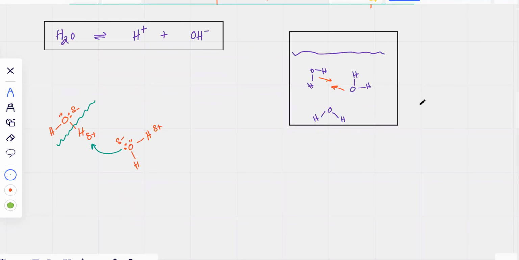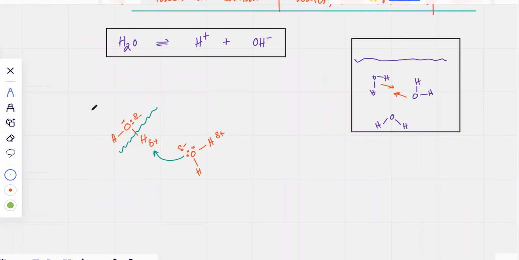And this part over here, because it's negative and this is also negative, the two negatives are going to repel. So the OH minus 1 would break off. That's going to get repelled and you'll get an OH minus 1 ion, because the negative oxygen is going to be repelled by this oxygen over here. The H, on the other hand, would be attracted to this oxygen.